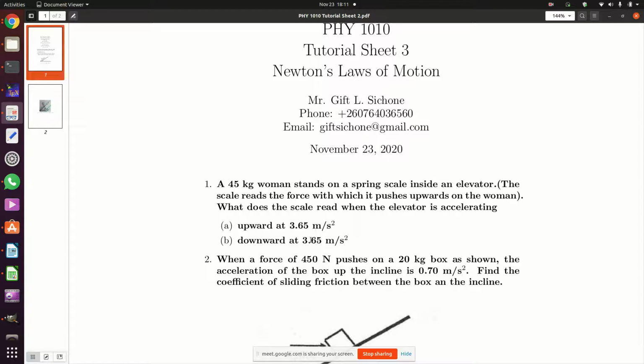It only exists because the woman is exerting a force on it. Or basically you can say the normal force. This force is pointing upwards. The weight is pointing down. So we've got two forces: one pointing down, which is the weight of the woman, and one pointing up, which is the force the scale is exerting on the woman.